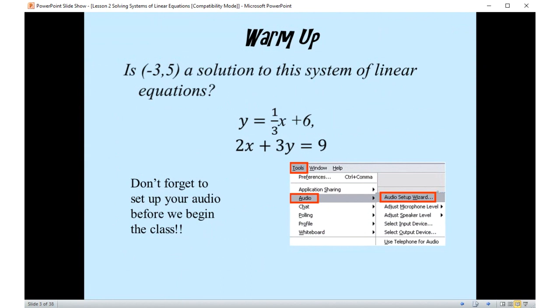These directions for setting up the audio are for a different system, so you could ignore that part. I'll give you a moment to check to see if this is a solution.